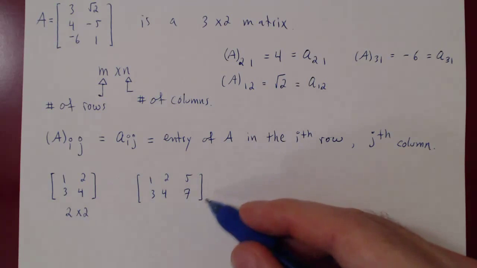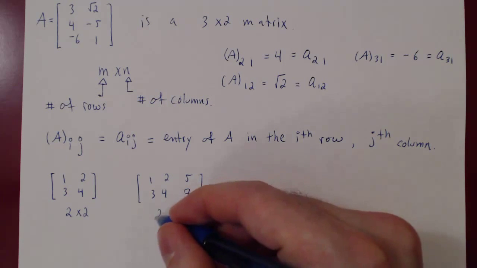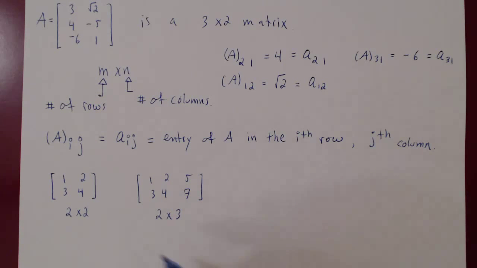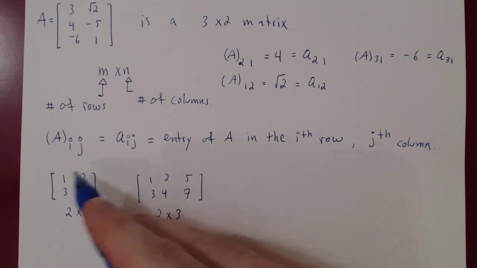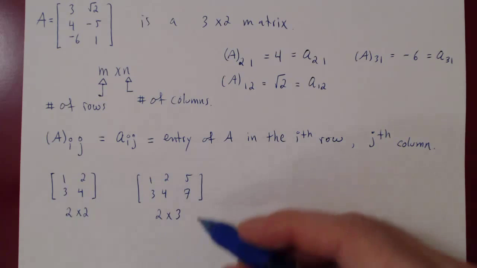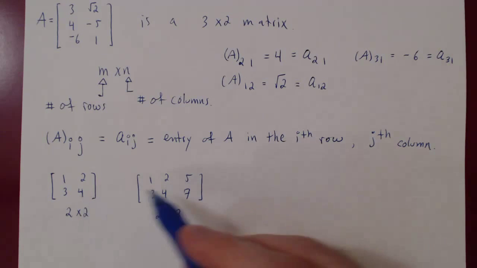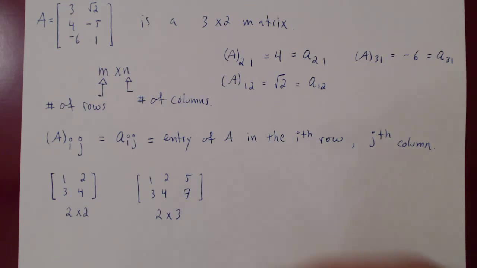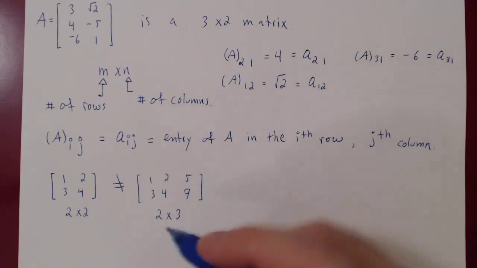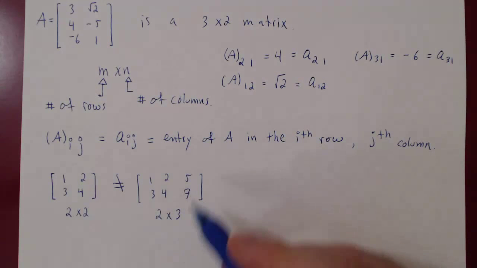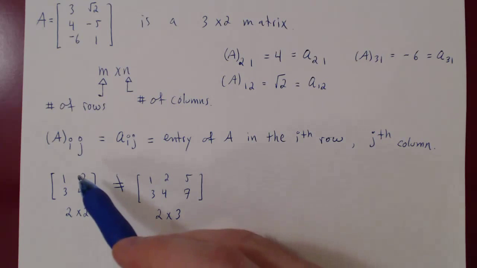Here we have a 2 by 3 matrix, 2 rows, 3 columns. So right away, you say, well, even though the first part is the same, this matrix contains an additional column. So for this reason, we don't think of them as being equal, because they don't have the same size. So that's our first criteria.